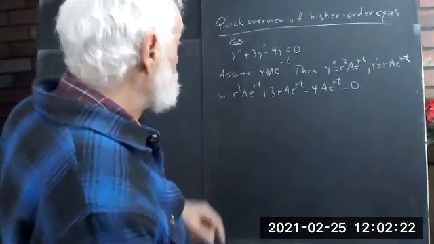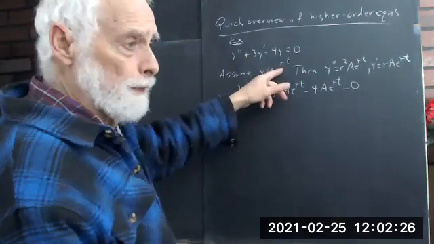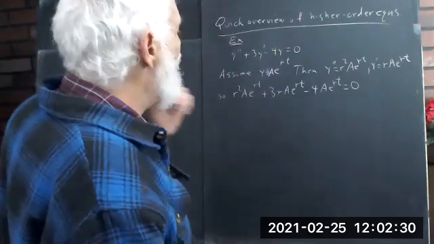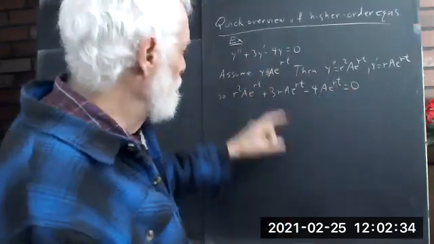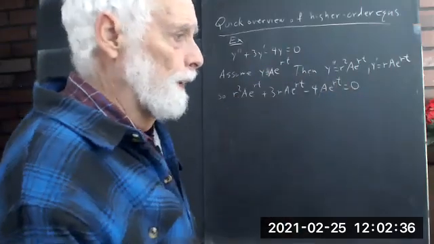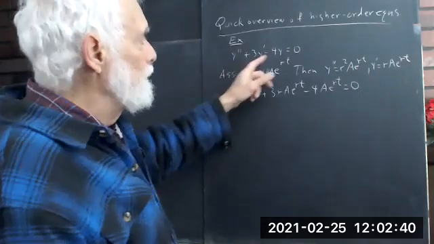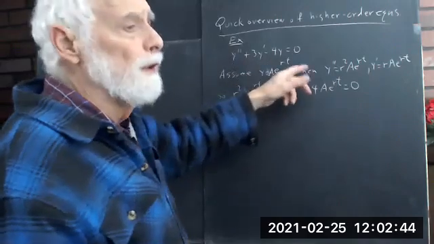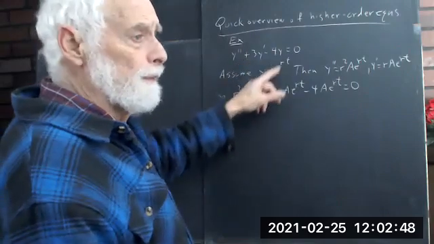Okay, so there's some motivation for this, and I don't want to go any deeper into that idea. Just by analogy with what we did with first order equations, we can make this assumption, and it turns out it works. For any second order equation with constant coefficients, this is going to work.